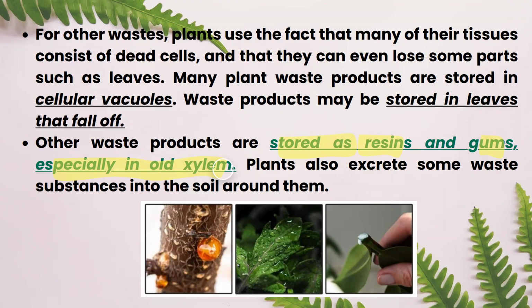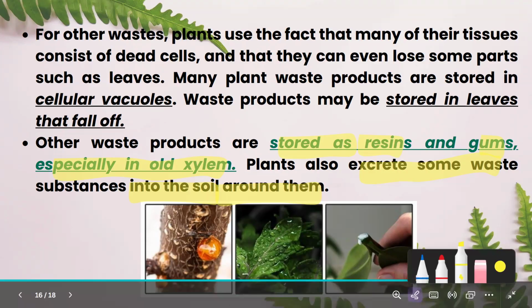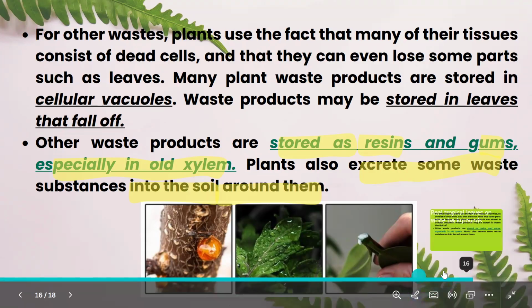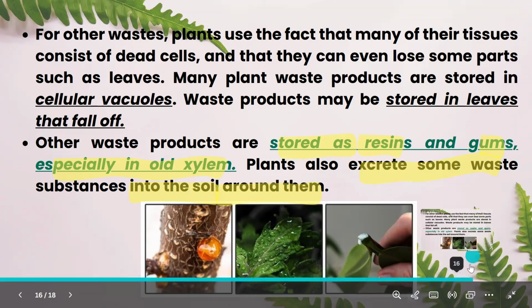And the plants also excrete some waste substances into the soil around them, especially near the root. So the roots also help in the removal of waste material through an excretory process.